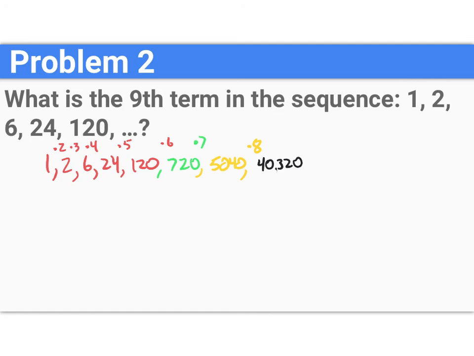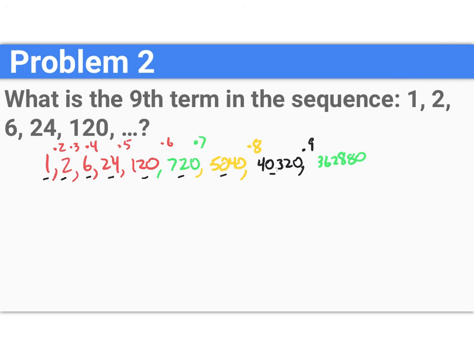I have a bad habit of putting commas in. Okay, and getting back to the pencil. All right, 1, 2, 3, 4, 5, 6, 7, 8. I guess we had to multiply by 9 to get there. We get 362,880. Okay, so that's the 9th term in the sequence.